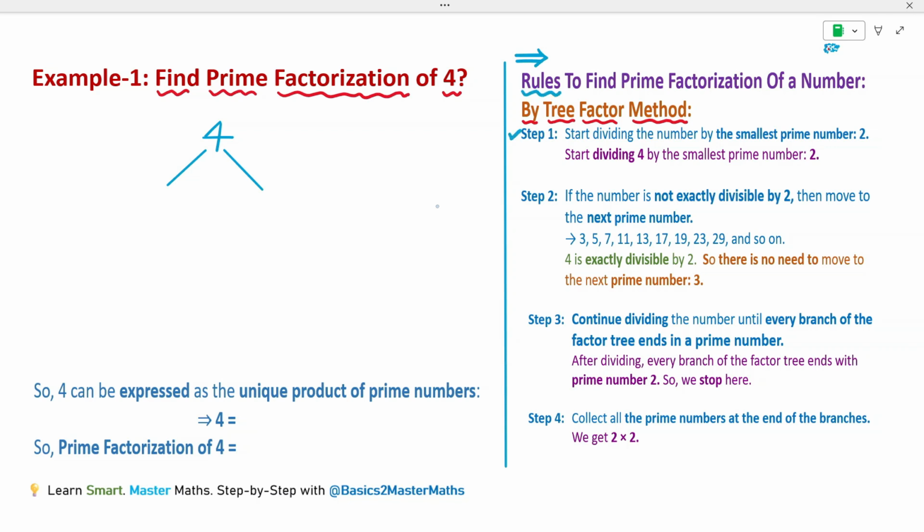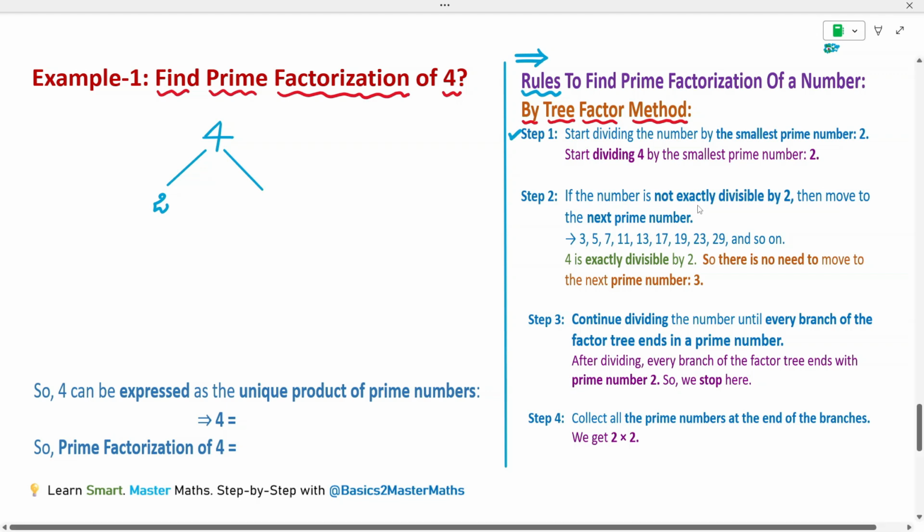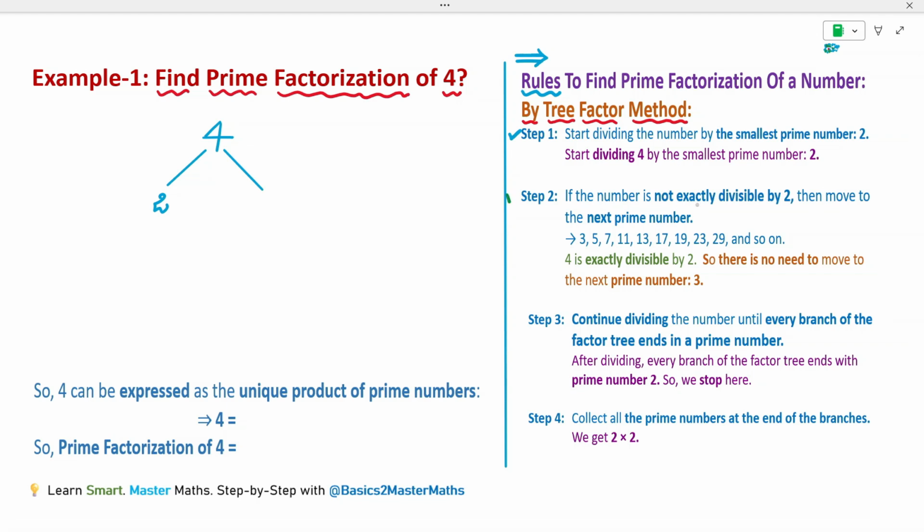Step 1. Start dividing 4 by the smallest prime number 2. Step 2.